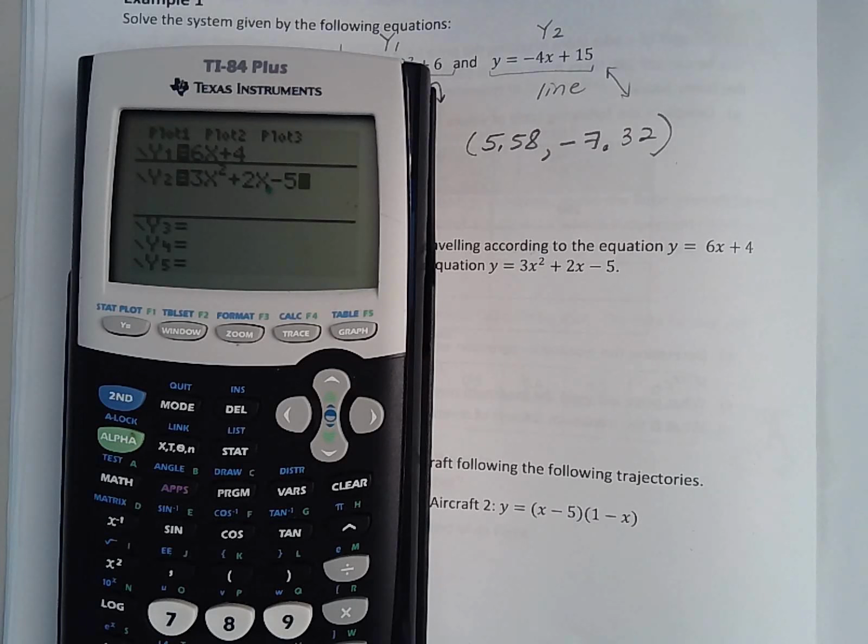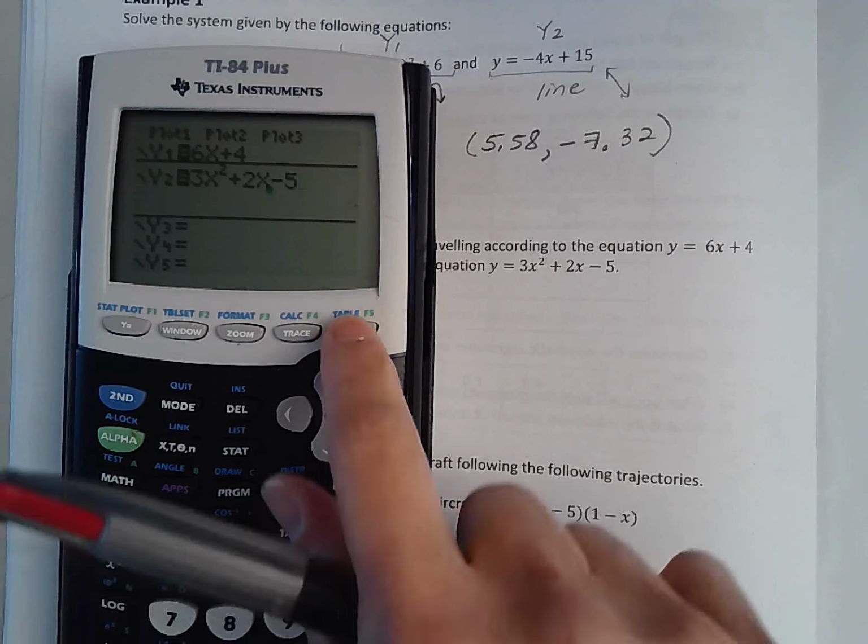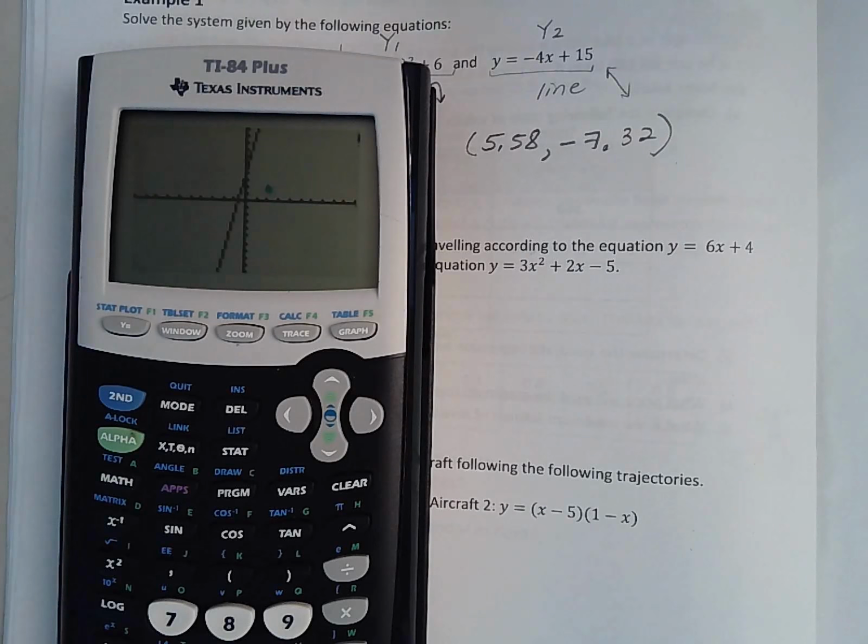Please make sure that you enter it correctly, and then press graph.